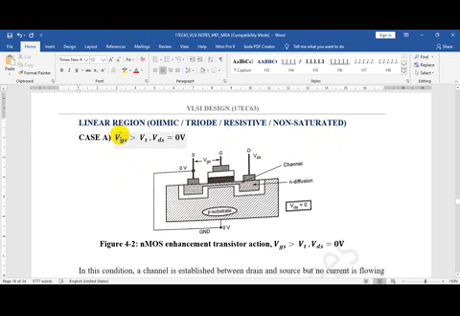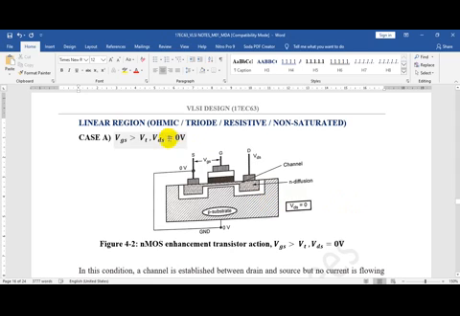Obviously, a channel is established because of the inversion layer. Remember, we have explained this in the inversion mode. So the inversion layer is formed, because of which a channel is established, and in this condition the drain to source voltage is 0. This is case 1.